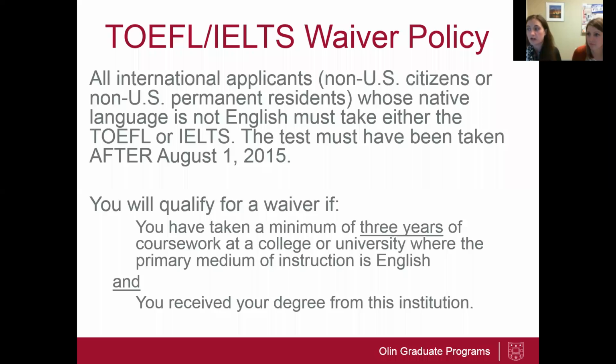If you are an international student, likely we will ask you to take the TOEFL or the IELTS exam. Now, this test must be taken within 2 years of the start of the program. So if you are required to take the TOEFL or the IELTS, that test needs to have been taken after August 1st of 2015. This is not only for the admissions process, but also for visa processing. So this is a very important date to note.